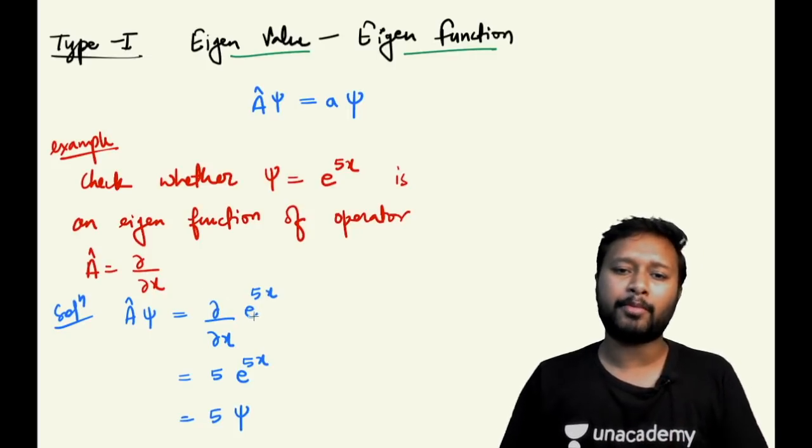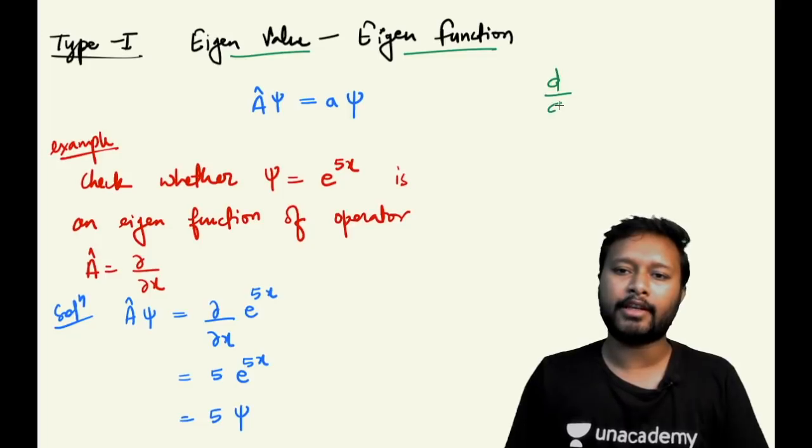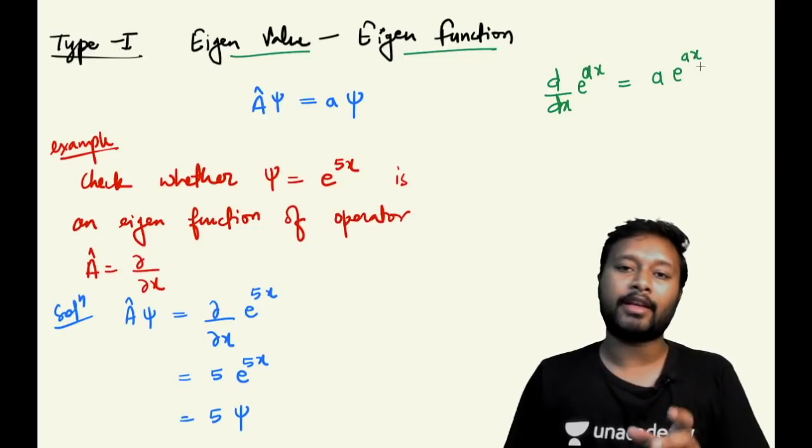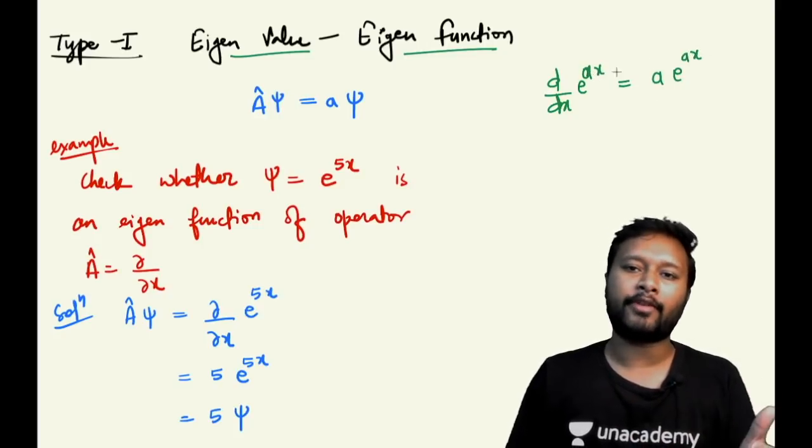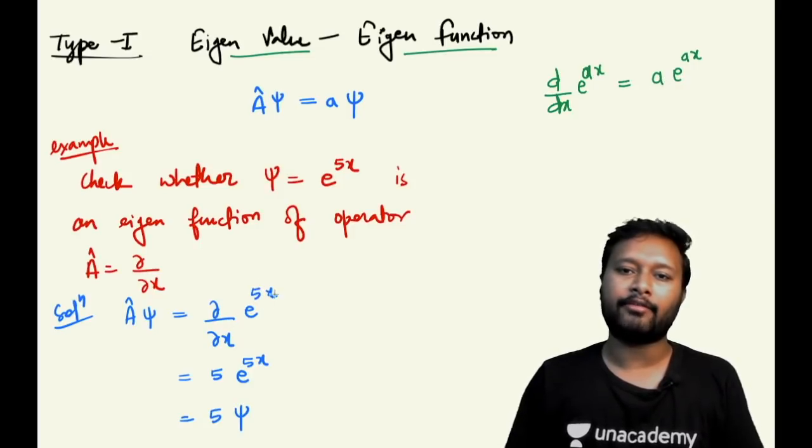When I operate that, you should know that d by dx of e to the power ax, if I have coefficient of x as a, I'll be getting a e to the power ax. So e to the power ax will remain as it is, and the coefficient of x will come as the product over here. The same thing is here: we are having 5x, so we can write it as 5 times e to the power 5x.